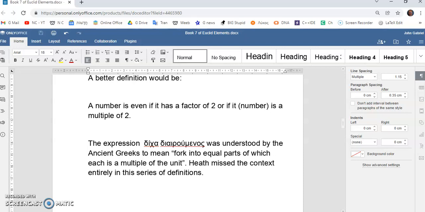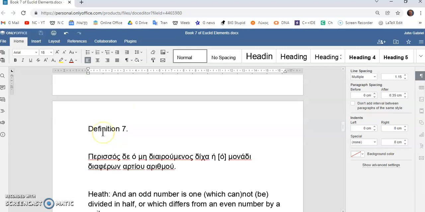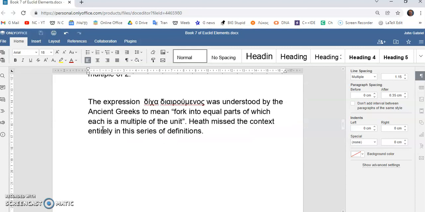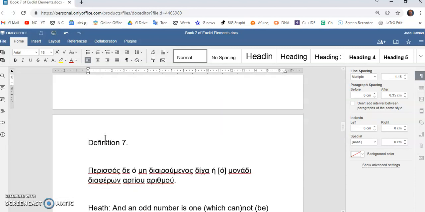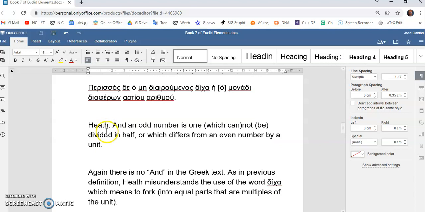So Heath missed the context entirely in this series of definitions, okay? I mean, this is obviously wrong because any number can be divided in half. And of course, Heath would have been able to realize this if he had just considered that definition in the context of others.